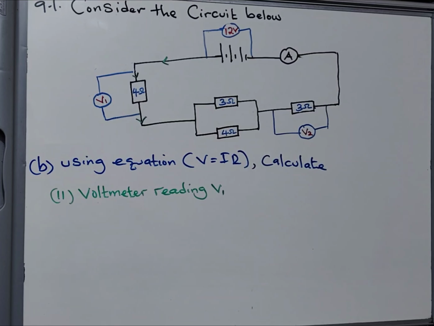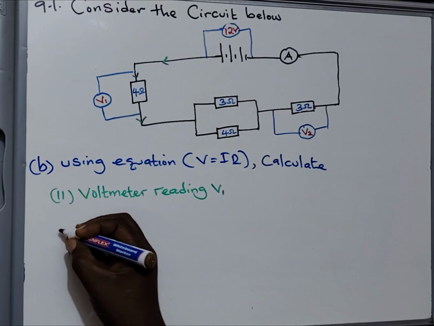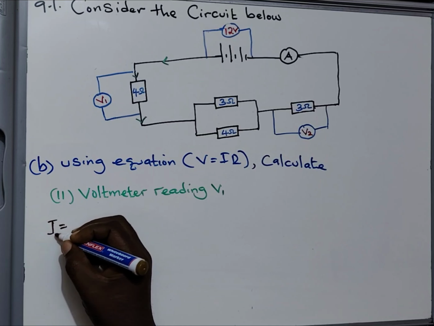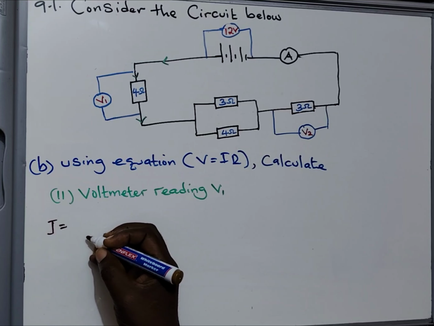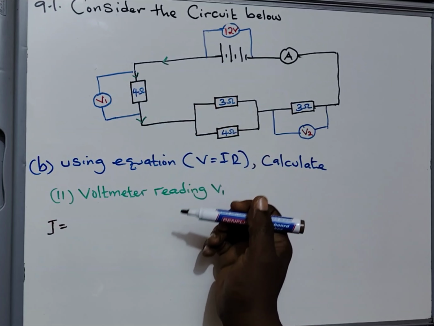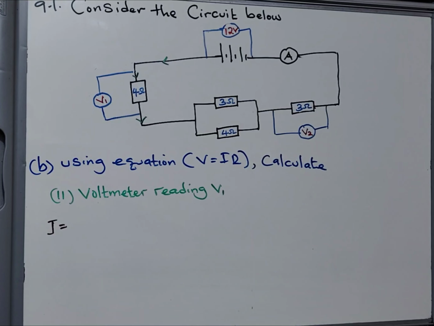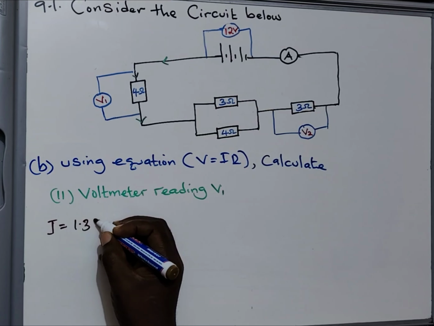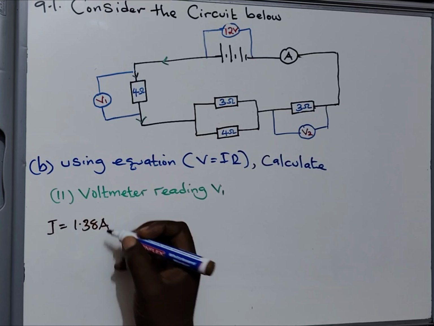From that, what do we get? We know the current which goes through V1, and that's the total current which we just calculated as 1.38 ampere.